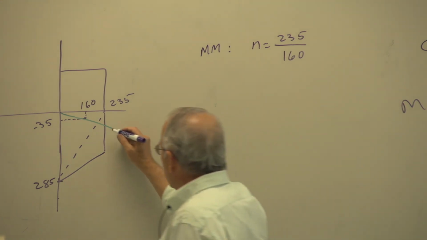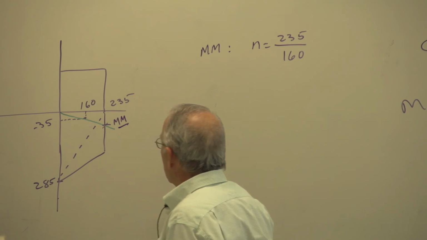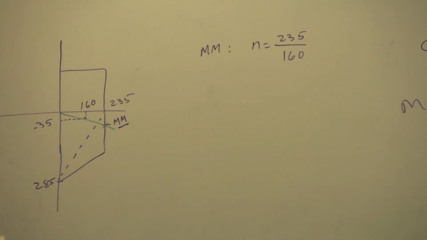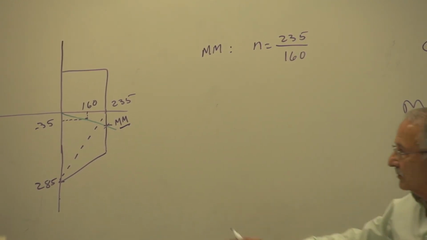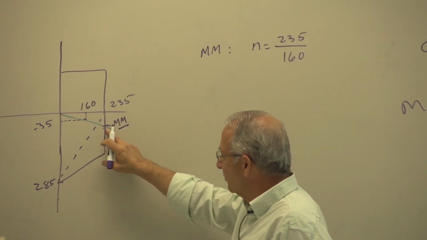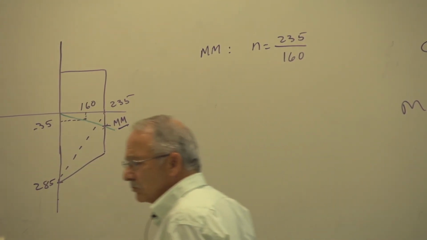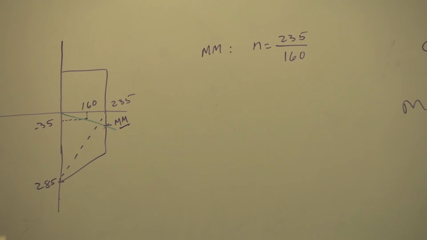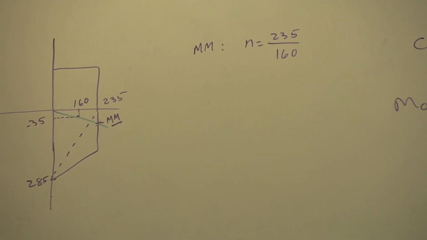For modified Mohr, this is your failure point. That one is simple. Anybody follow? This is modified Mohr, never mind the dashed line. There's your failure point. Factor of safety, that divided by that. Actually, I haven't calculated that one.